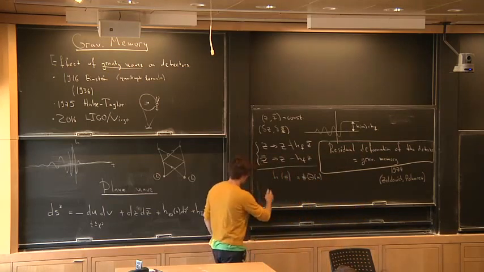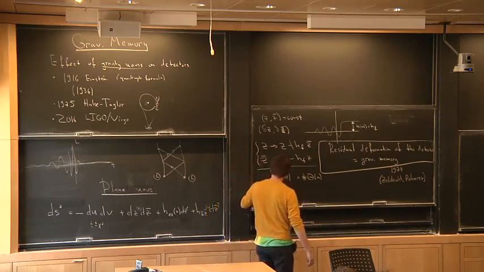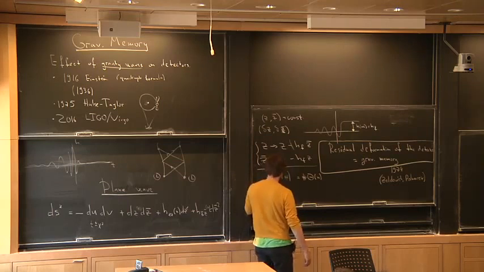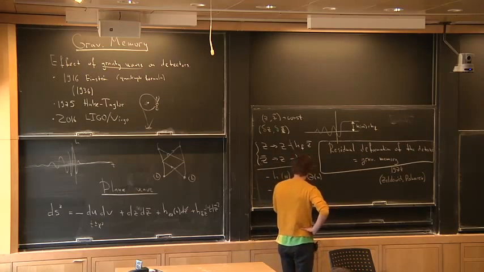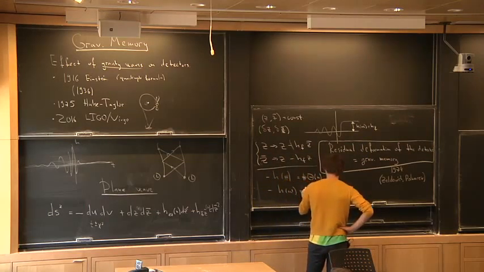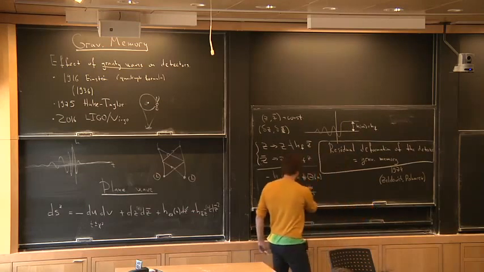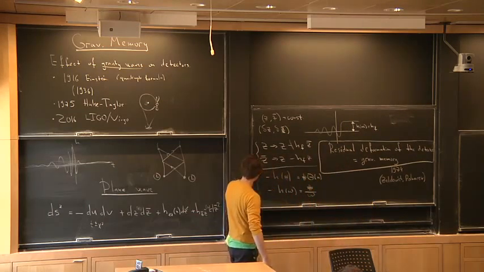As you might know, if you do the Fourier transform of it, you will get that h of omega has a 1 over omega pole.